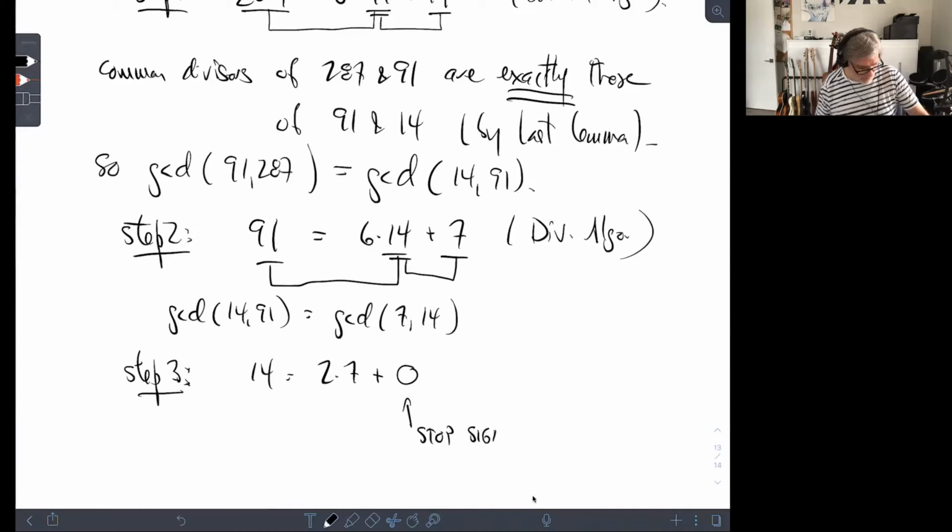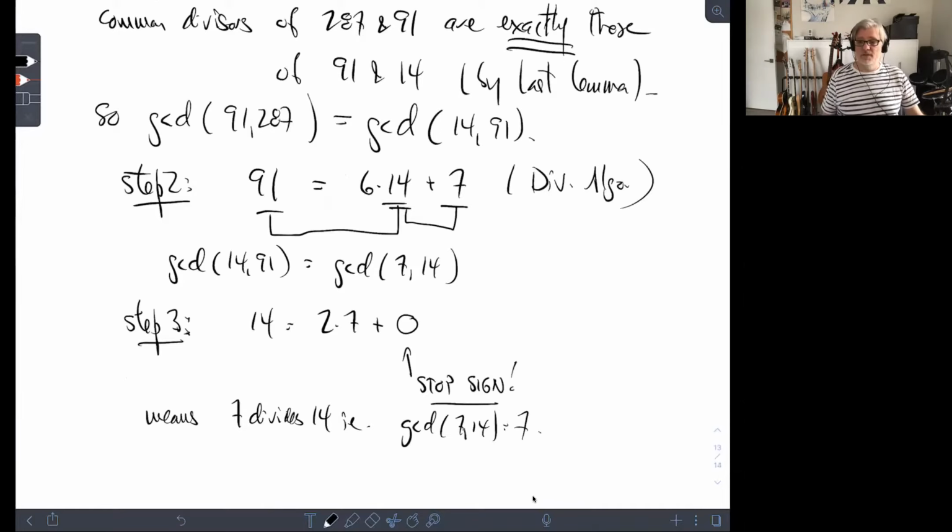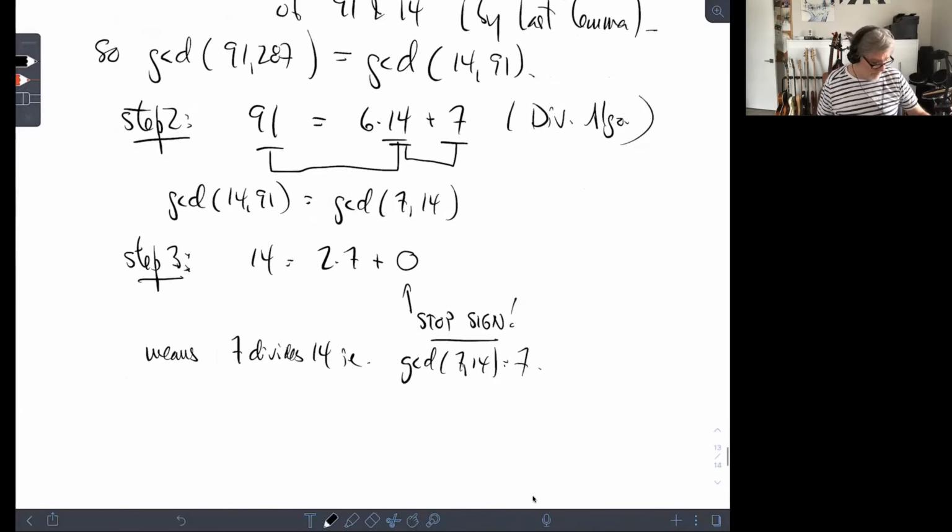It means you're done. So what does the 0 say? It says that the previous pair, the smaller divided the other. So 7 divides 14. In other words, the GCD is 7. And since at each step I keep the same GCD, the original GCD was 7.